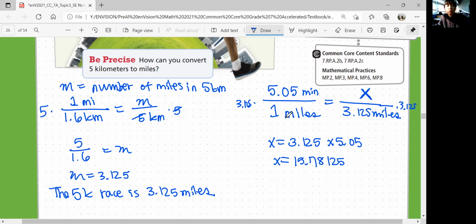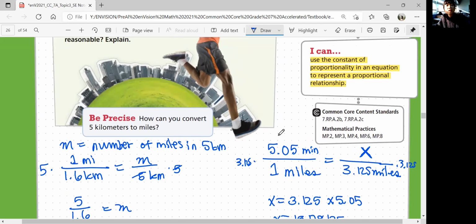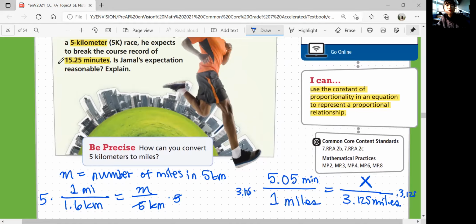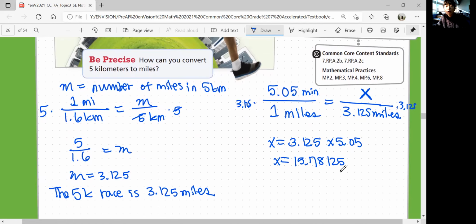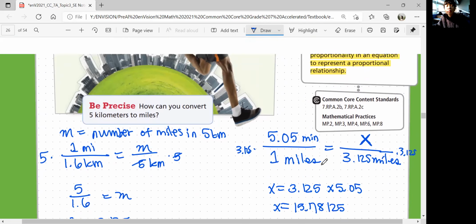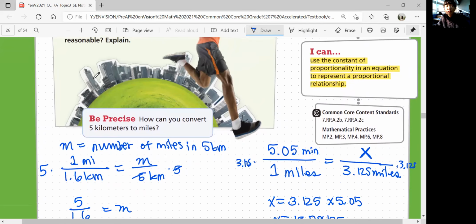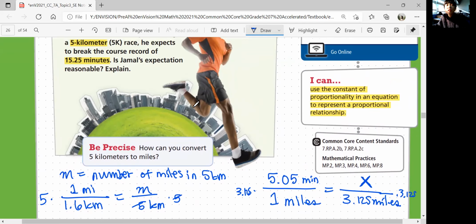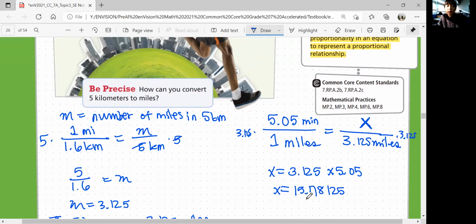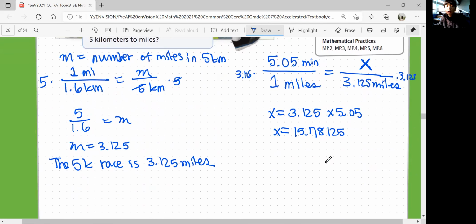So is he reasonable to set a goal of 15.25 minutes? 15.78 is more time than 15.25. So what can you say? If he continues this pace, he cannot break the record. He needs more time to finish it, unless he runs faster, right?